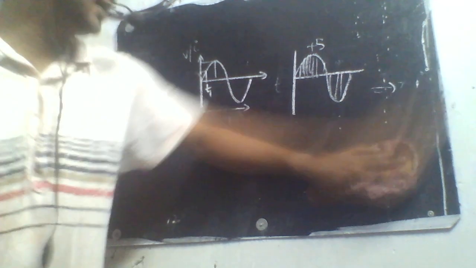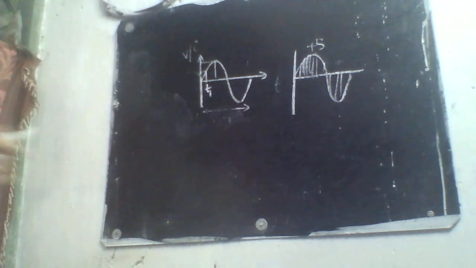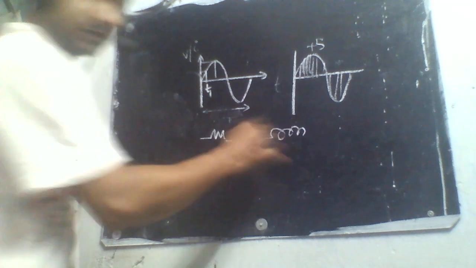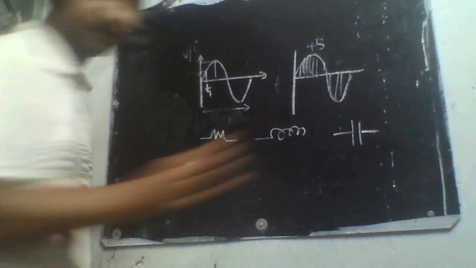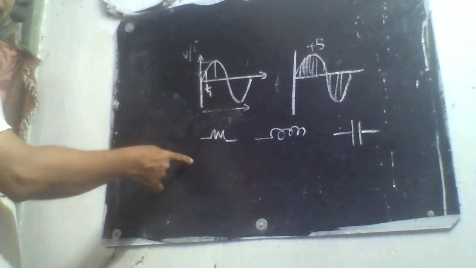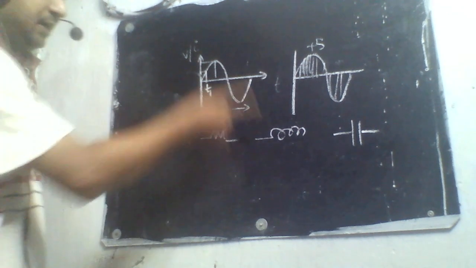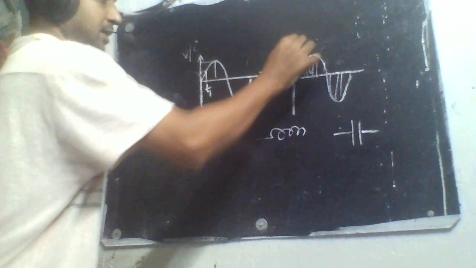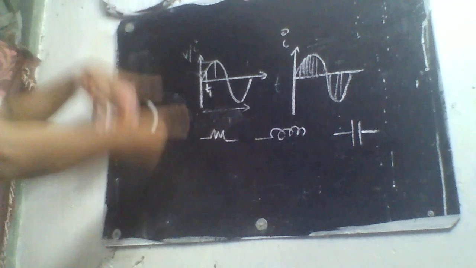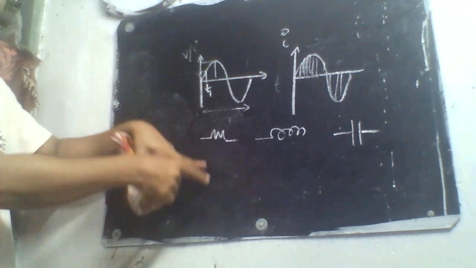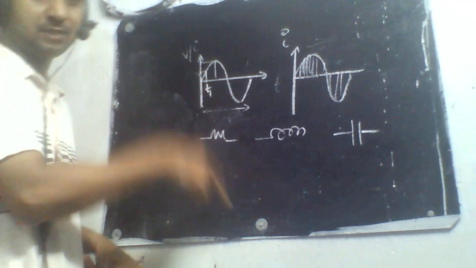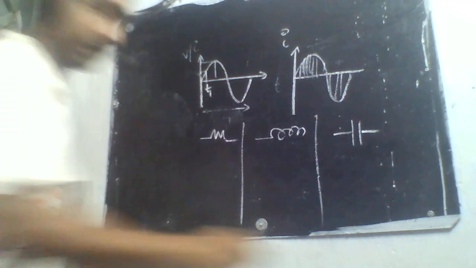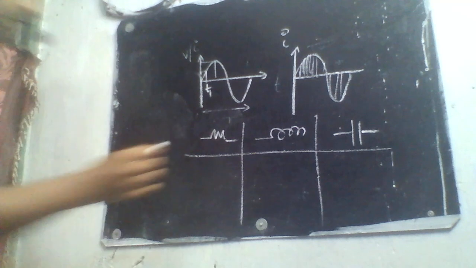Next, when you apply this AC, you have three types of components. Either you will have a resistor, or an inductor which is a coil, or a capacitor. When you apply the AC to a resistor, inductor or capacitor, the voltage and current sometimes go together, sometimes one is leading, sometimes lagging.